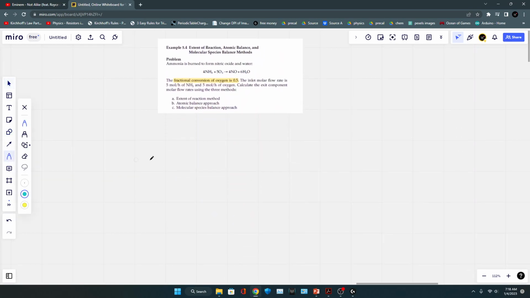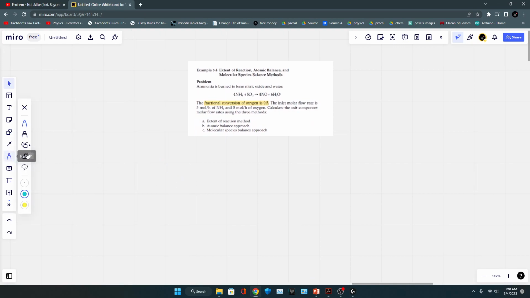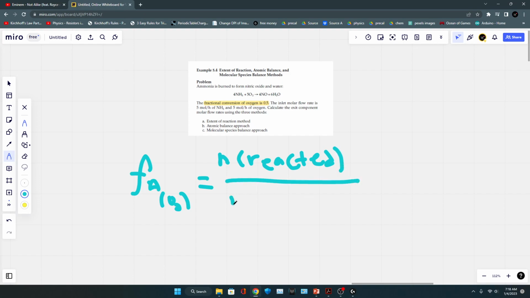Okay, so as for the molecular species balance approach, the fractional conversion of oxygen, right? The formula that I mentioned just now is that it is equivalent to the number of moles or the molar flow rate of the substance that has been reacted divided by the amount of substance that enters a particular system.